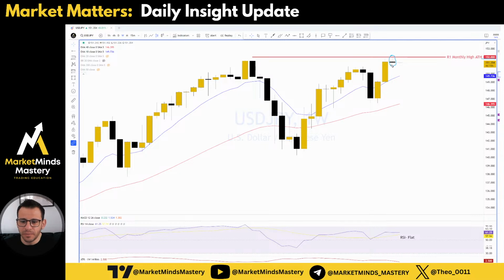And if we use the ATR down here, let's point it out, just 1 second. So the ATR shows that 267 is the average true range of this USD-JPY pair.